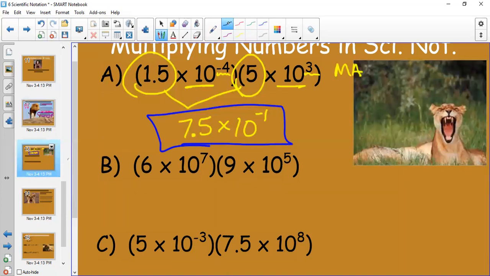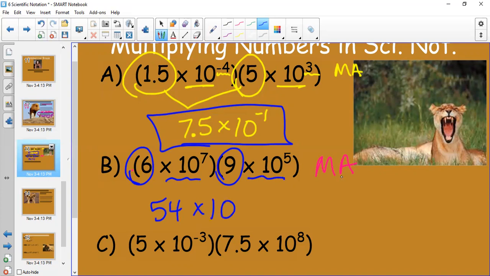Okay, so let's try another one. We're going to do, again, MA problems here. So we're going to multiply our coefficients. 6 times 9 is 54. We're going to keep our bases, times 10, and we are going to add our exponents. So 5 plus 7 would give us 12. Now this is the tricky one that I was talking about.